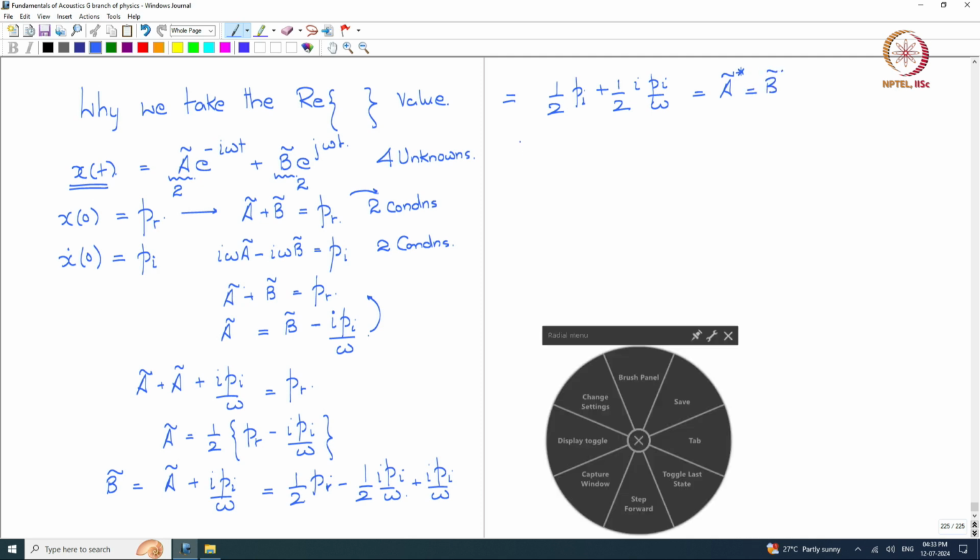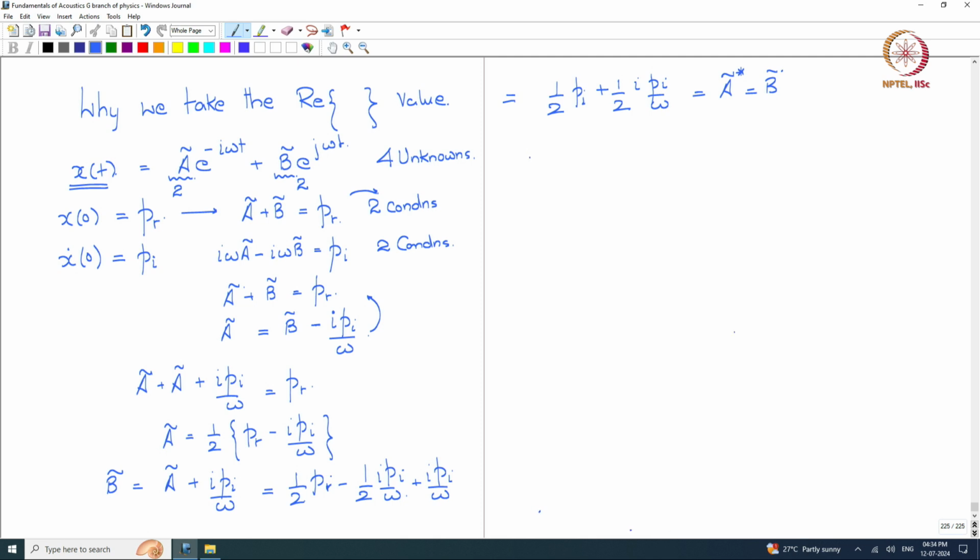Okay. So now what do we have? What we have is x of t is a tilde e to the power of I omega t plus a tilde conjugate e to the power of minus I omega t.